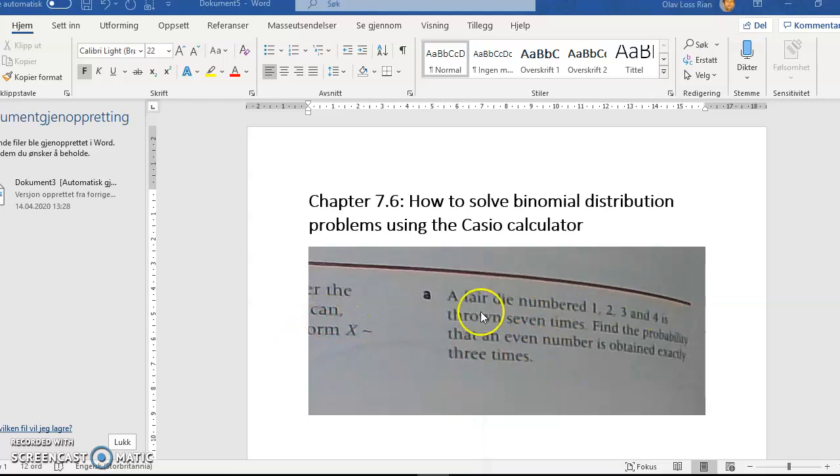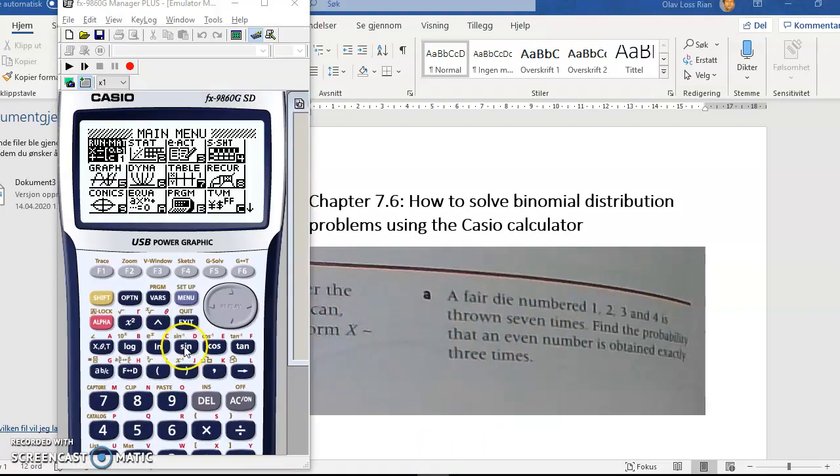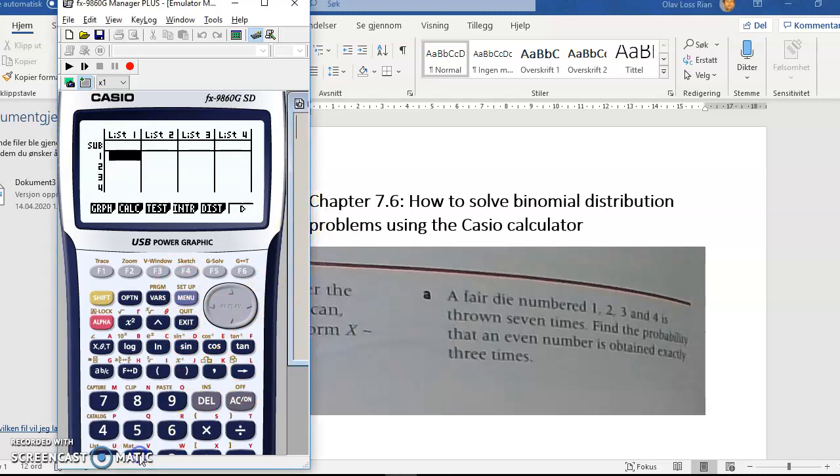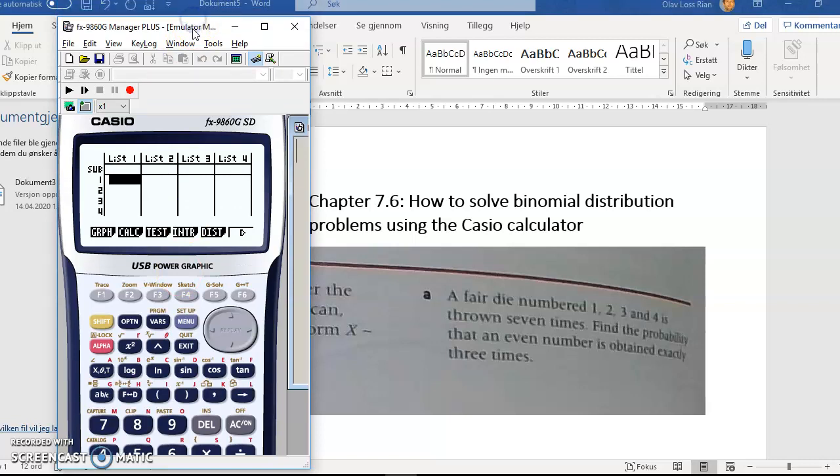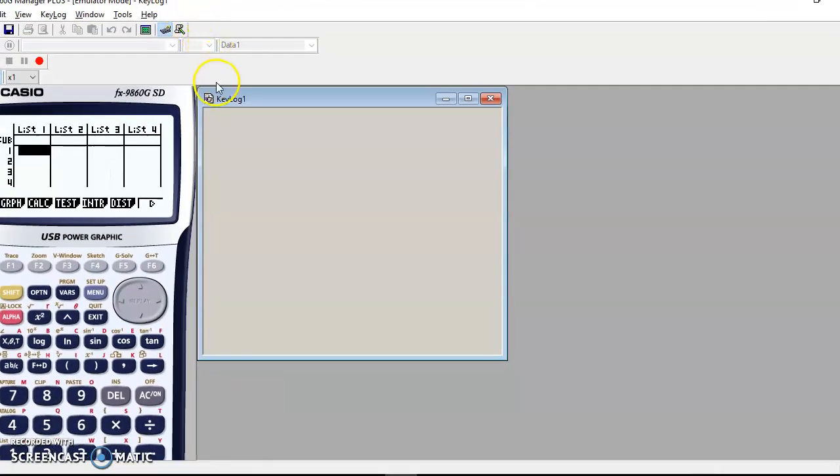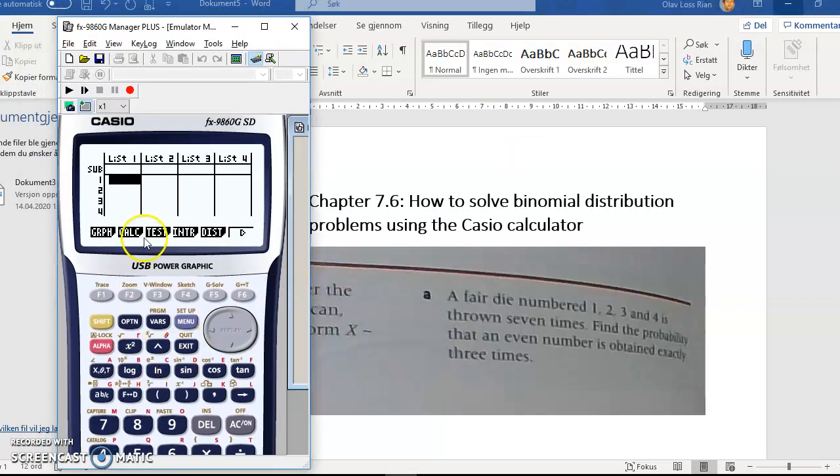So if we just have, that's going to be the two menu. We want to look at distributions.